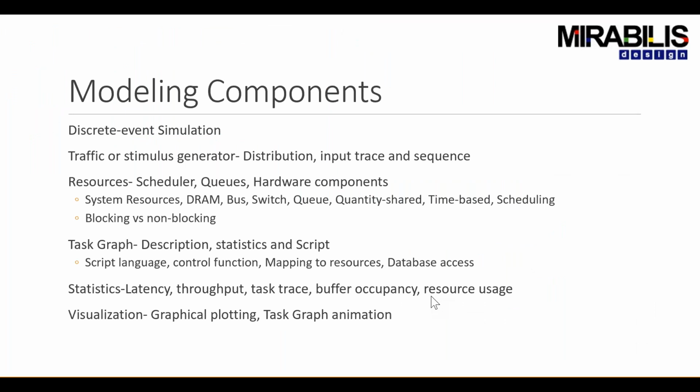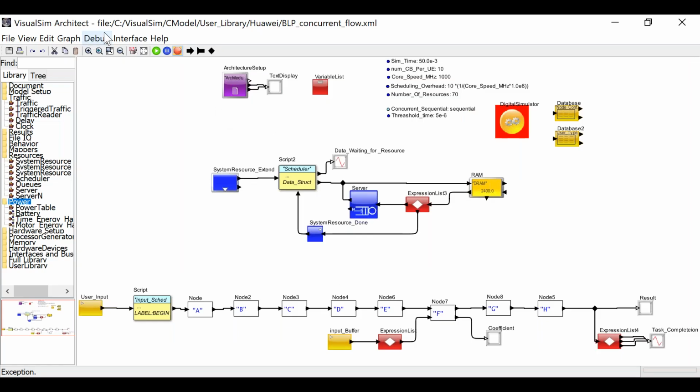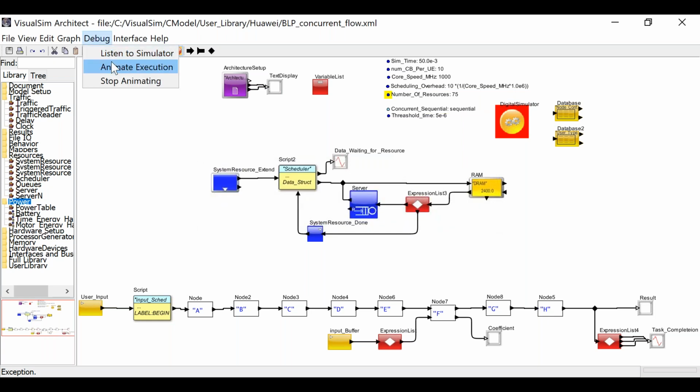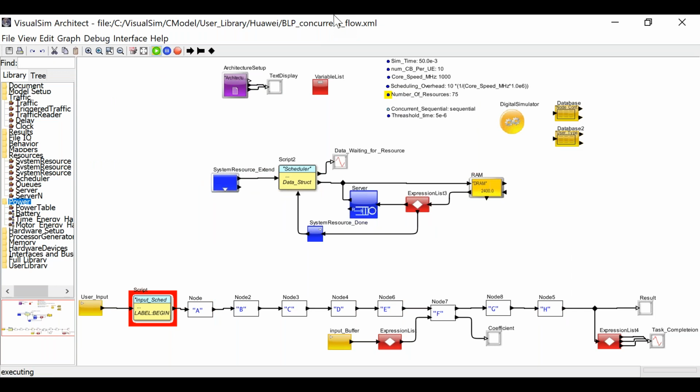The last part is the visualization. As you can see, there's graphical plotting. There is the animation I showed you, which is, if I go back to the block diagram and I create this animation over here, I'm actually going to increase the resources over here. I'm going to generate animation on this model so I can actually see what's going on. So you can see the sequence of things as it's flowing through the design.